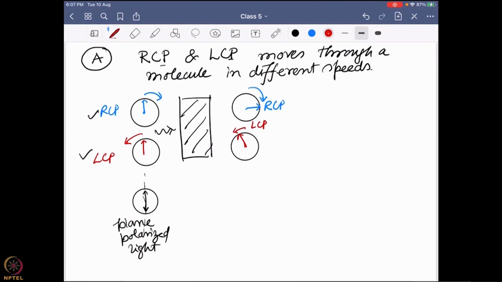The chiral molecule, so this is my chiral molecule sample, can detect the chirality present in a plane polarized light. That means it can detect the difference between right hand and left hand circularly polarized light, and it allows one of them to go faster compared to the other.